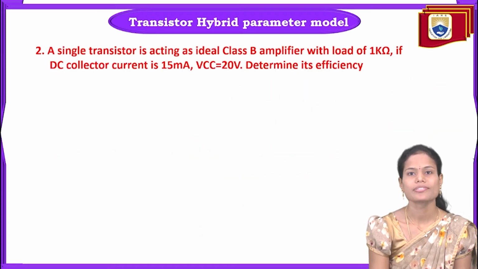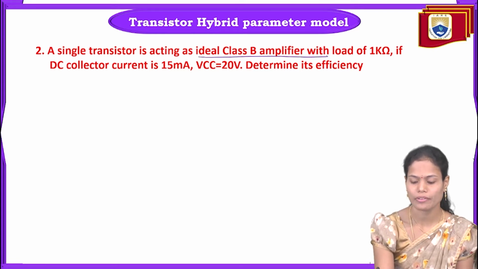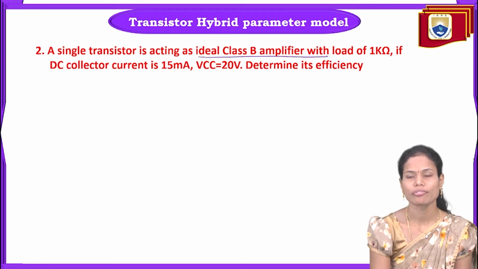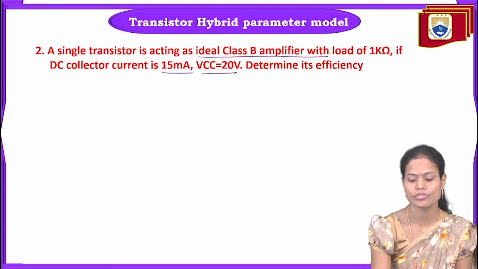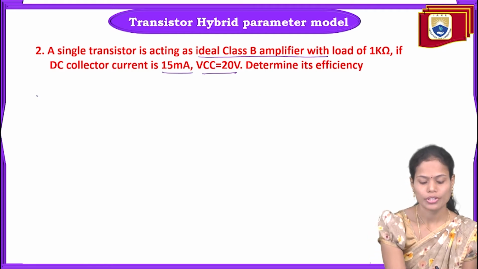And next one: a single transistor is acting as an ideal class B power amplifier with a load of 1 kilo ohm. If the DC collector current is 15 milliamps and the supply voltage VCC is 20 volts, we need to determine the efficiency of the given class B power amplifier. So here I am writing the given values first.